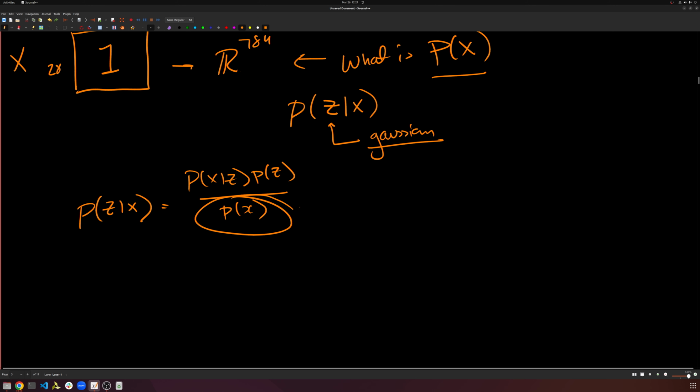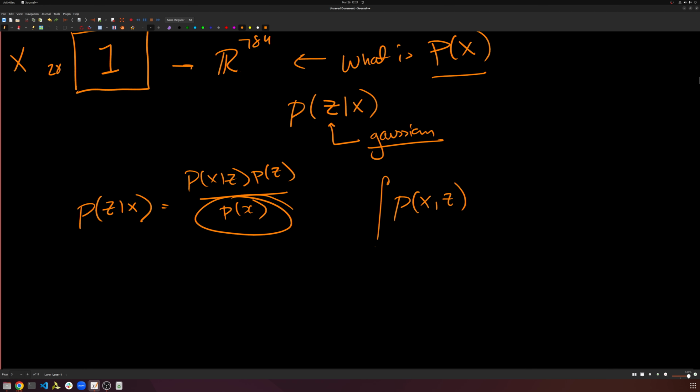We cannot solve this in any meaningful way, because to find p of x would require us to first have the joint distribution between x and z, and then integrate out over z. So we'd have to integrate over some high dimensional space, because even if z is a known distribution, it could still be a high dimensional space.